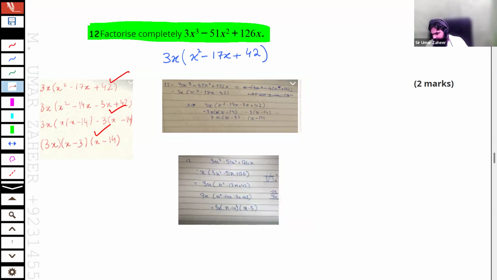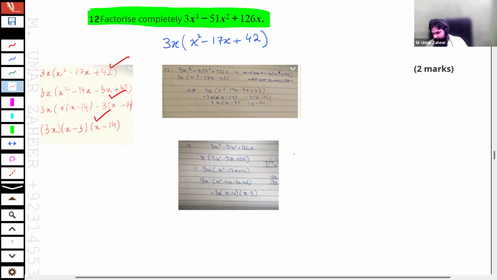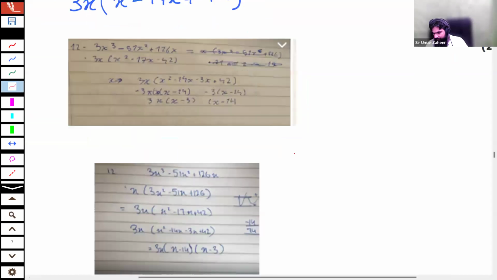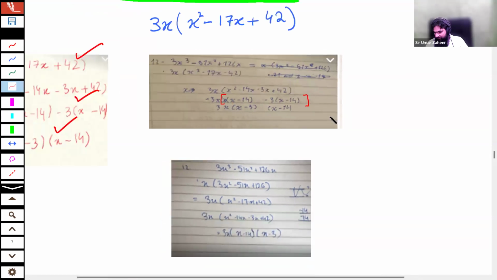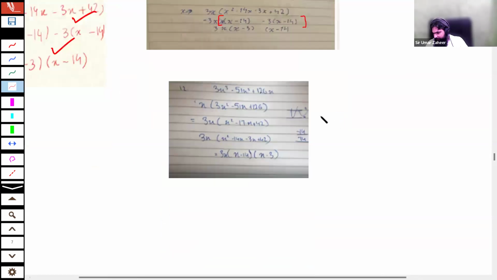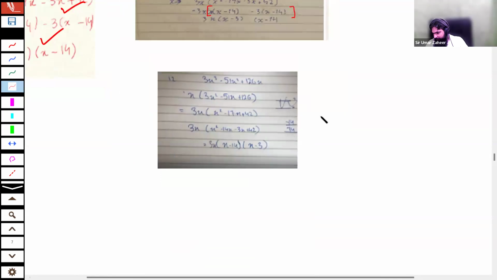Alright, so you must use a bigger bracket here as well. Till here it is not needed. x minus 3, that is correct.